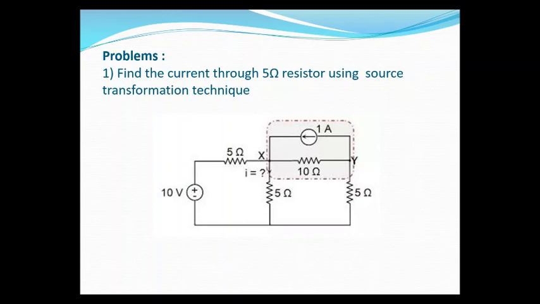There is a 10 volts voltage source in series with 10 ohms, and there is a 10 ohms already, it is a voltage source with 5 ohms in series. Here there is a 10 ohms in series with 15 ohms, and there is a 5 ohm resistor, the terminal impedance. So in this way you can calculate the voltage.